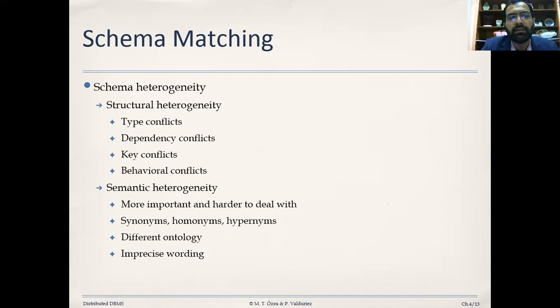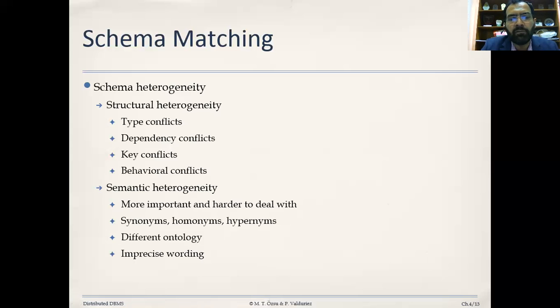Similarly, when we talk about semantic heterogeneity, we have to deal with various kinds of ontologies. When I say ontologies, it means the representation. Let's suppose I am matching two schemas running at two different sites, and they have a different ontology for representing the elements within the schema.